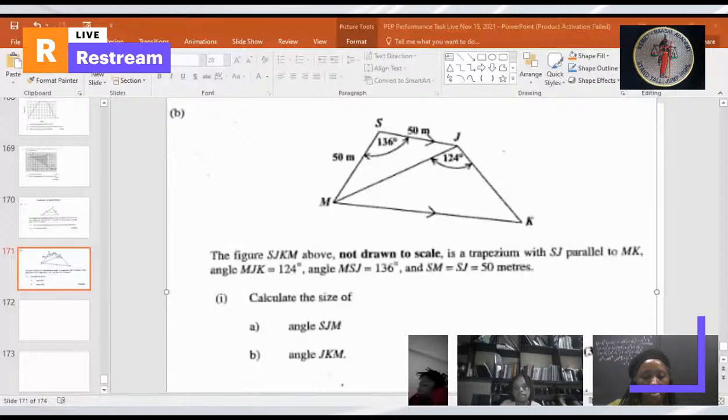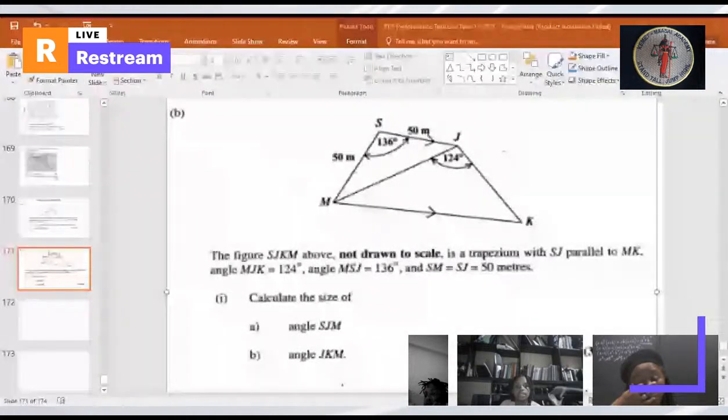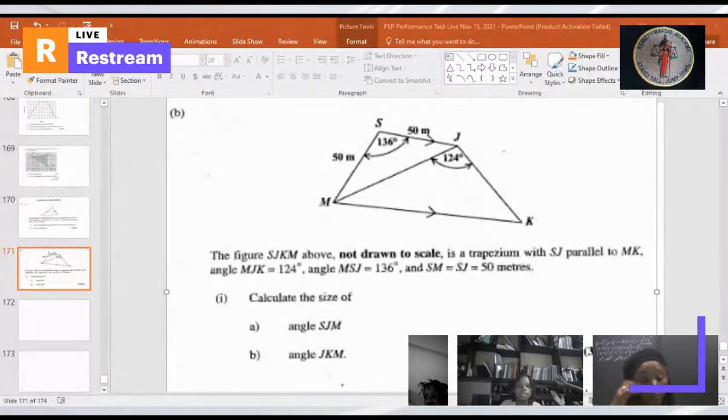B. The figure SJKM above, not drawn to scale, is a trapezium with SJ parallel to MK, angle MJK equals 124 degrees, angle MSJ equals 136 degrees, and SM equals SJ equals 50 meters. Calculate the size of A, angle SJM, B, angle JKM. There's more. Can you slow down, please?